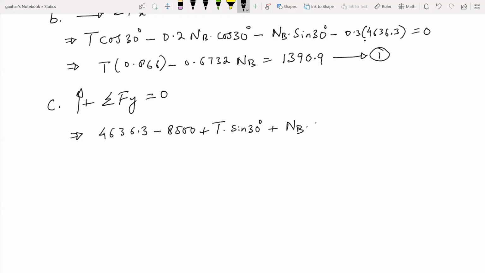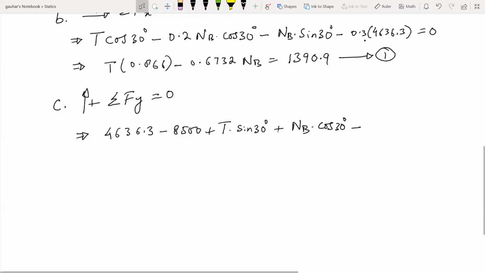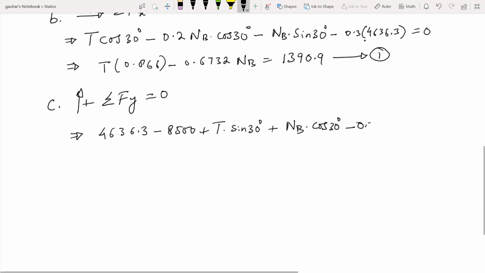And then we have the y component of F sub B, so negative 0.2 times NB times sine of 30 equals 0. So we have these 5 forces in y direction, so we sum them up to get our sigma Fy equals 0.